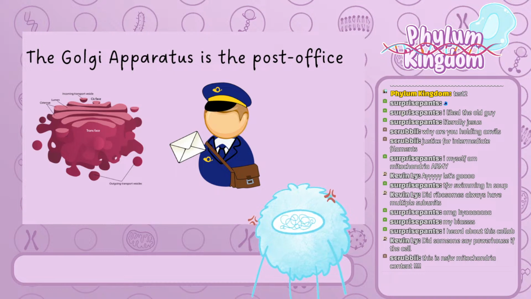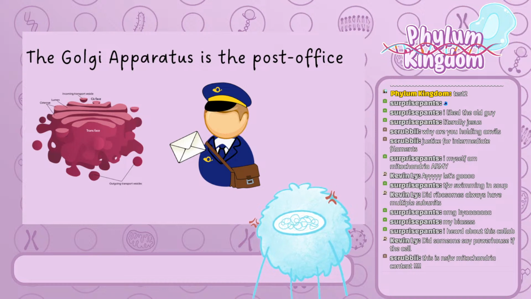I couldn't find it in me to find a way to make this thing sound interesting. But basically, the Golgi apparatus is the cell's post office. It gets packages from the ER, and it helps those proteins go where they need to go, and I truly cannot say anything else.